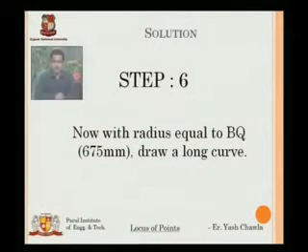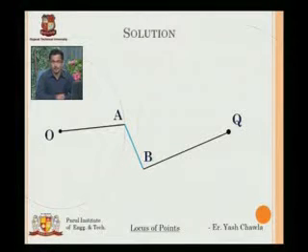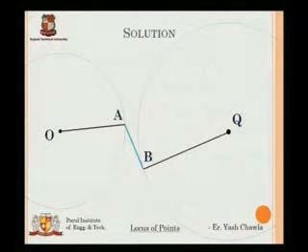Now the next step. Now we have this particular crank, and we have to draw its path. So with radius equal to BQ, that is 675 mm, I will draw a long curve as I did for OA. With center Q and radius equal to 675 mm, we will draw a long curve that you can see on the right hand side of your screens.